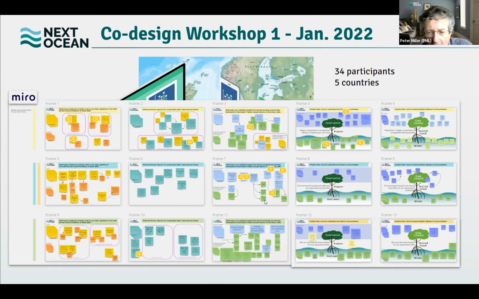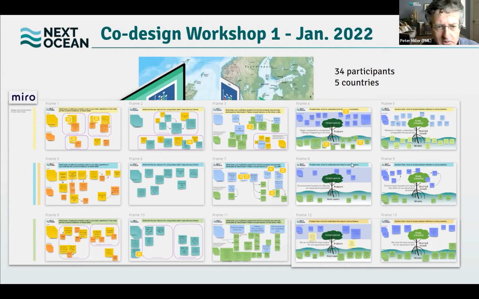Here's a glance at the kind of board that we had. I won't zoom in too much because we're still working through the outcomes from this workshop. But we had different brainstorming sessions where we looked at what products people were using already, what the limitations of those were, and what new aspects of those services they would like. I'll tell you a bit more about these trees in a minute.